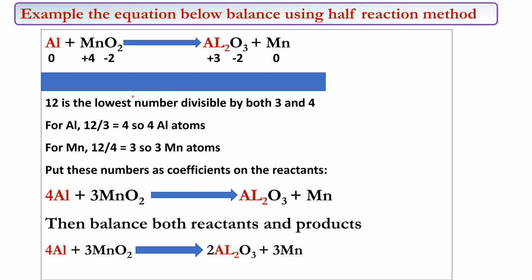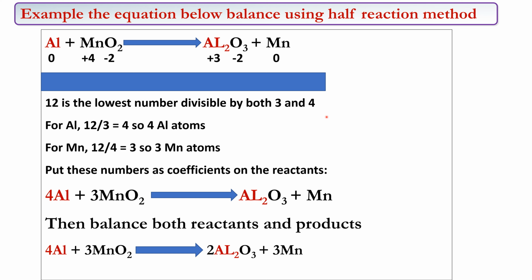So aluminium gives out 3 electrons because it's plus 3, and manganese accepts 4 electrons because it is plus 4 here, and here it is 0. So 12 is the lowest number divisible by both 3 and 4.